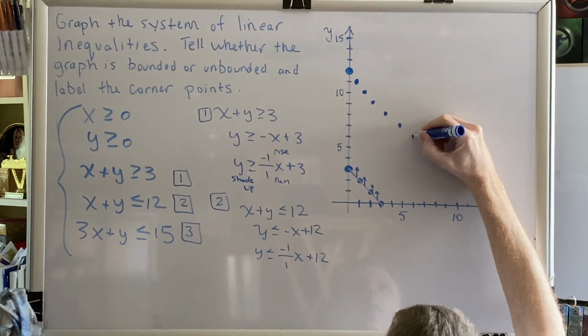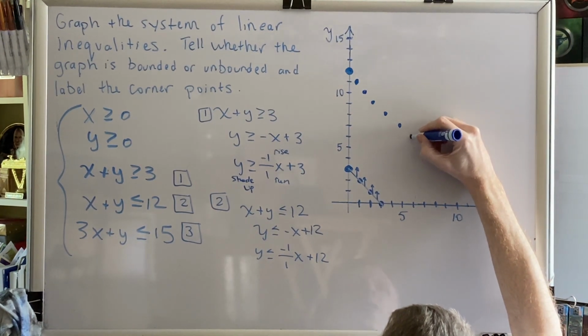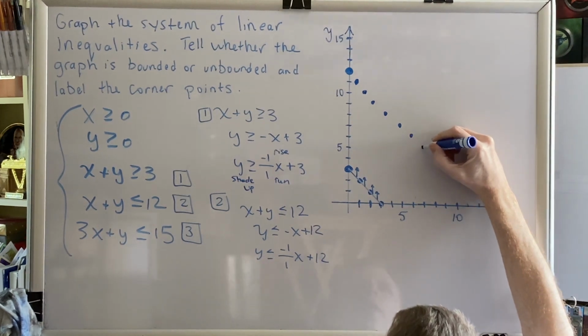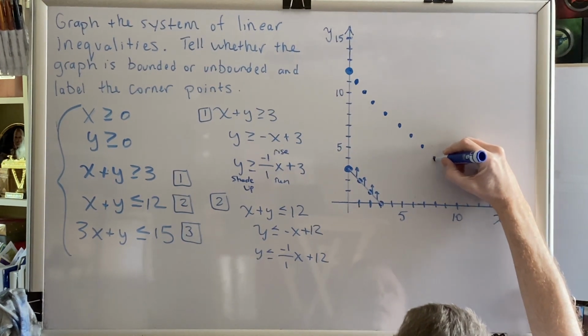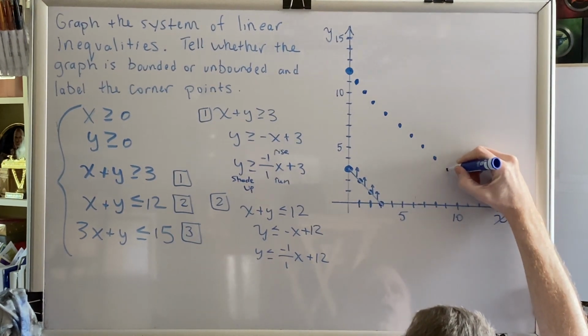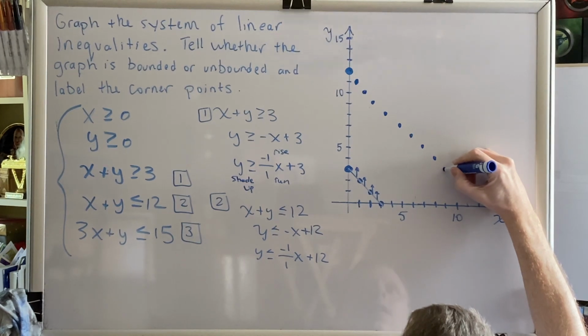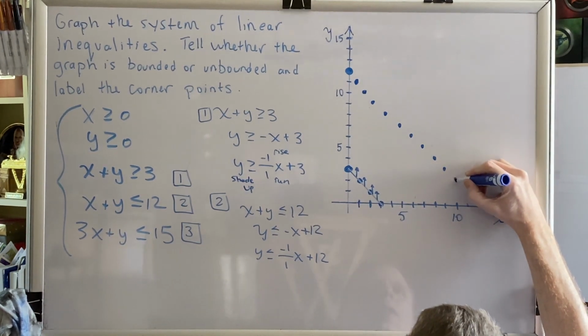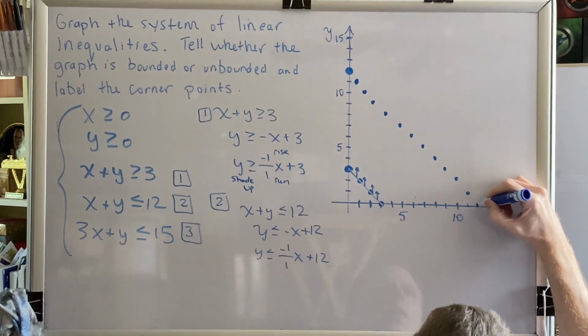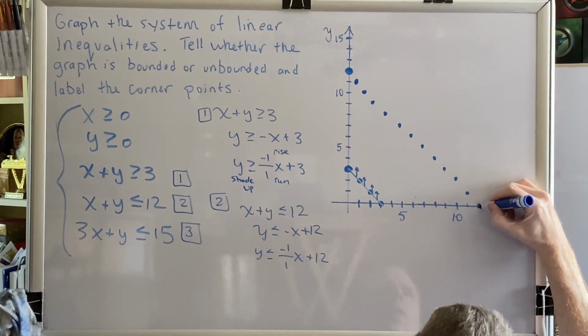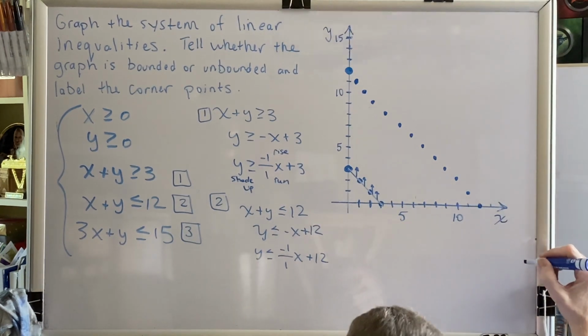Then 6, 6. Then 5, 7. Continuing this trend, we're at 4, 8, 3, 9, 2, 10, 1, 11, and 0, 12. I just realized I said all of those numbers backwards.